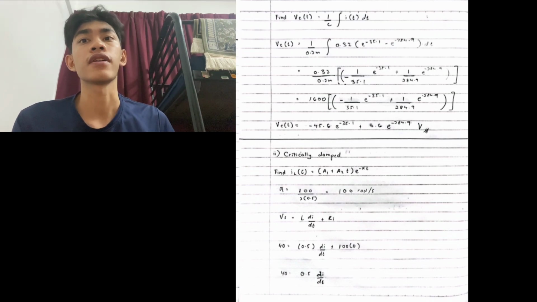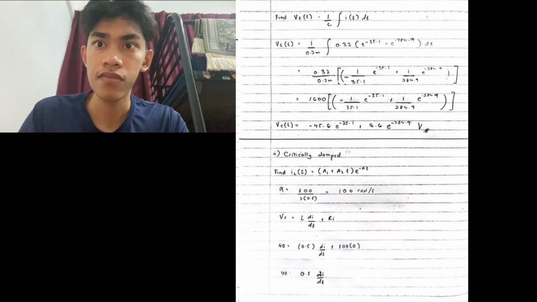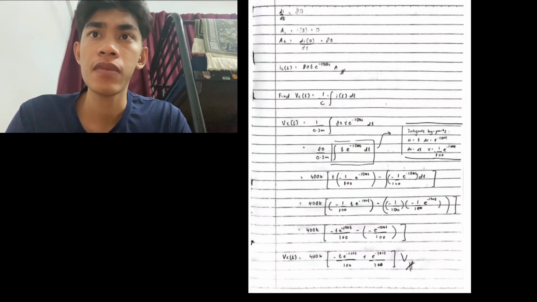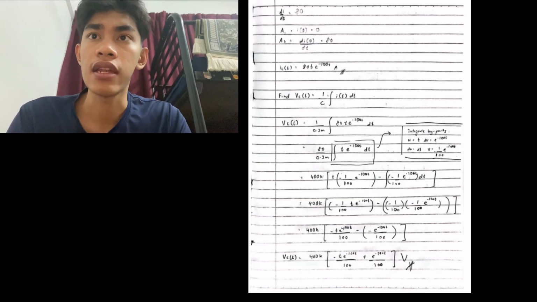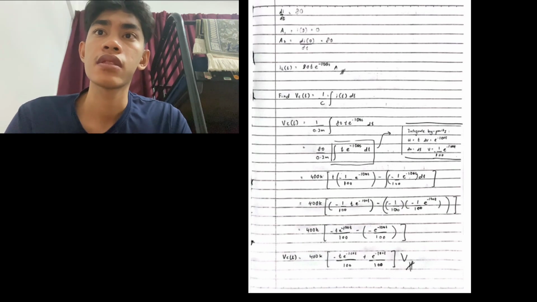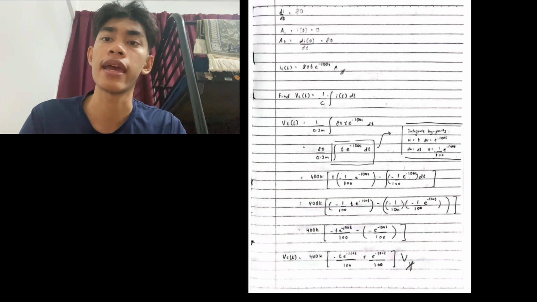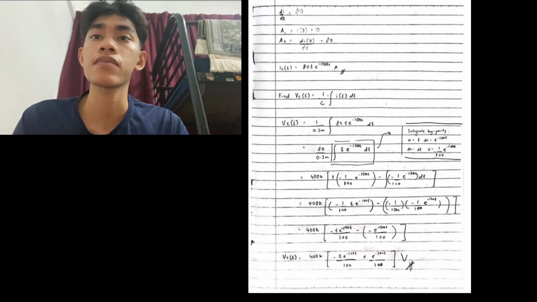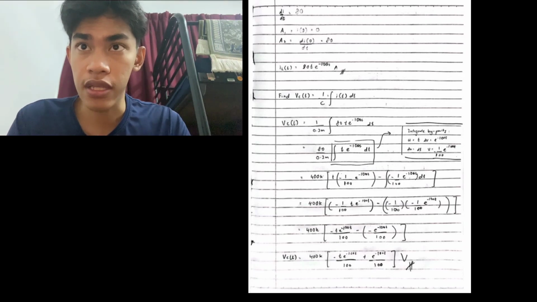Next we need to find the IL for the critically damped. After we calculate, IL equals 80t times exponent negative 100t mA. So that is the final answer for the IL for the critically damped. For VC(t), in the calculation we need to integrate first.